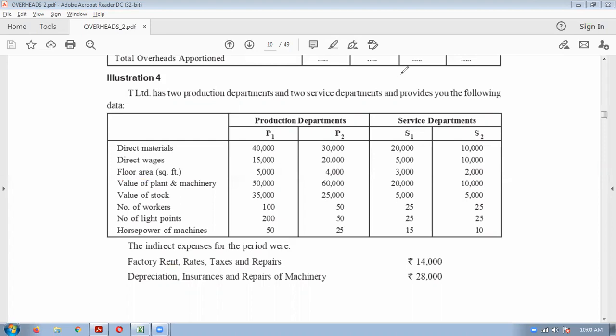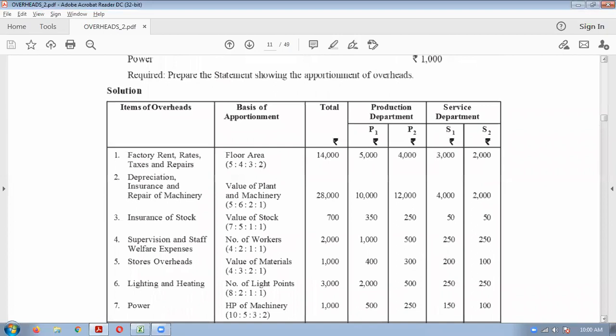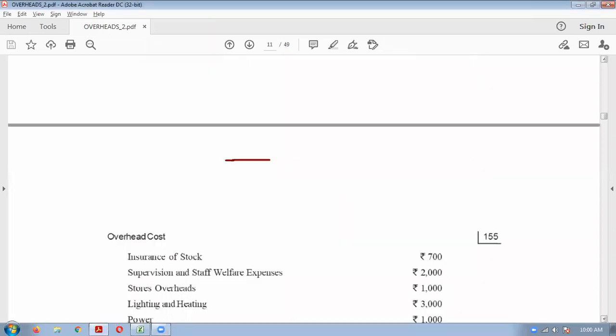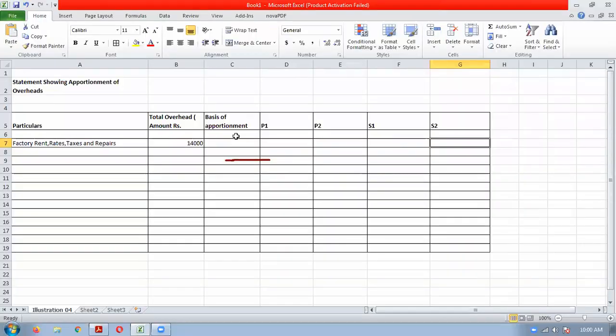Correct. Rent we can divide on the basis of area. So basis of apportionment of rent will be floor area. See, logical, no? Simple. Because rent we can charge on area basis. So we have decided the basis: floor area.